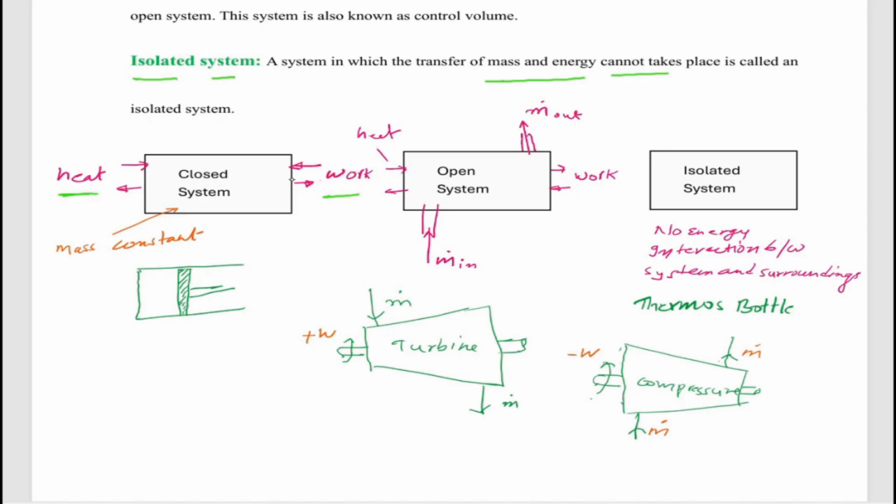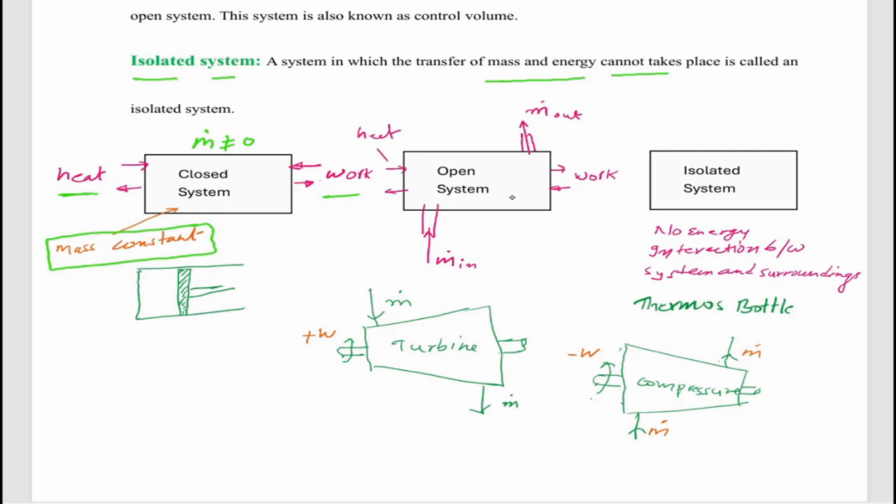Means energy may interact with the system, but there is no mass interaction. There is no mass flow rate between system and surrounding, right? This is a closed system, so it means constant mass within the system. Here mass is constant, right?